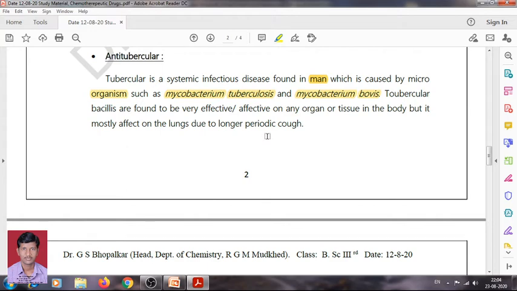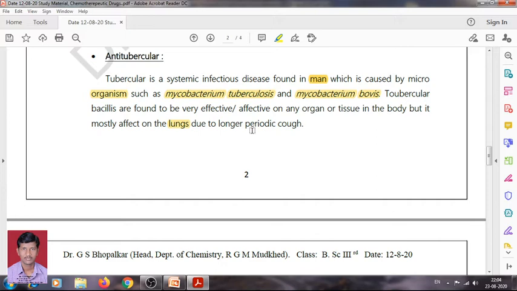They are very effective on any organ or tissue of the body, but they mostly affect the lungs, because they live there, leading to a longer periodic cough.